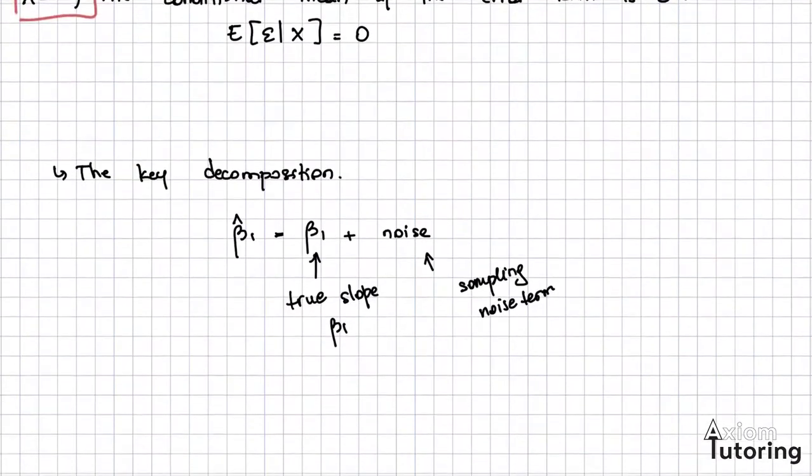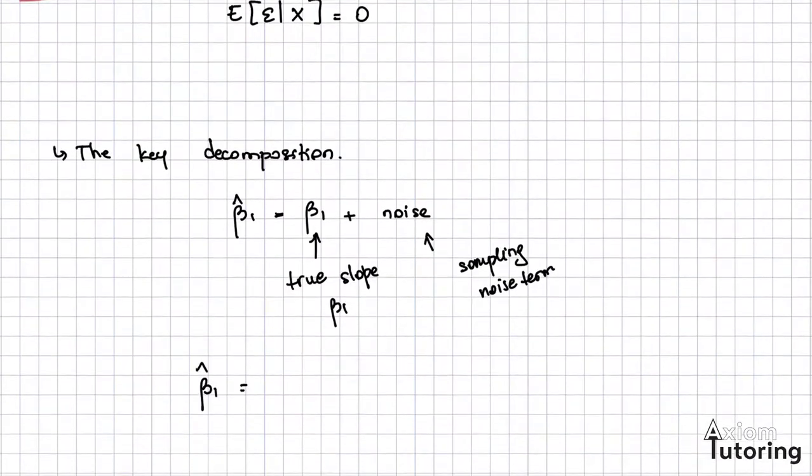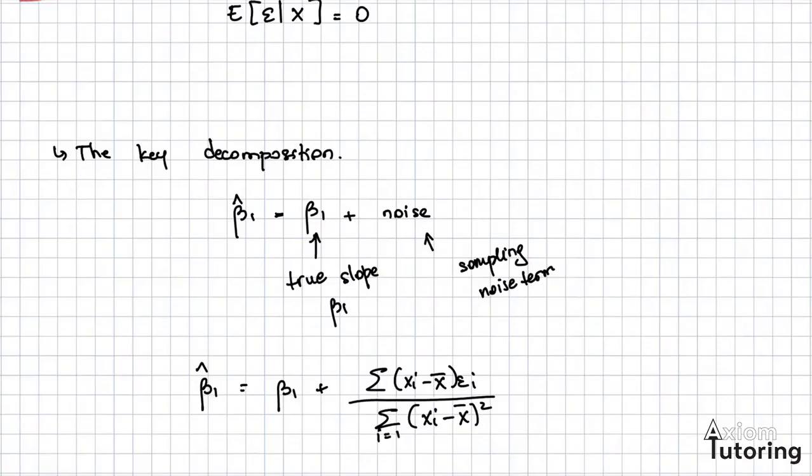Normally we can write it as beta 1 hat equals beta 1 plus the sum of xi minus x bar times epsilon i, divided by the sum of xi minus x bar squared, with i from 1 to n in both the denominator and the numerator.